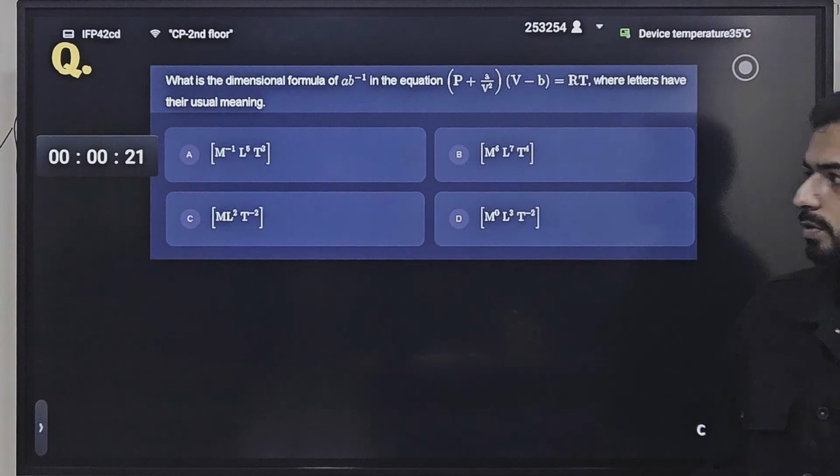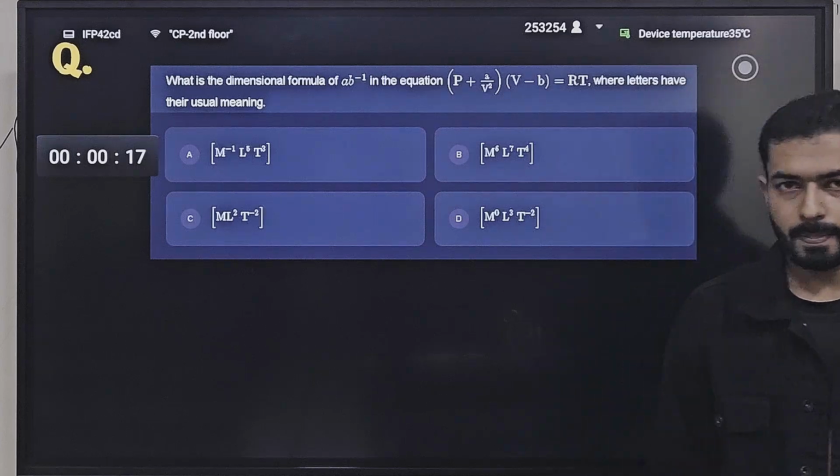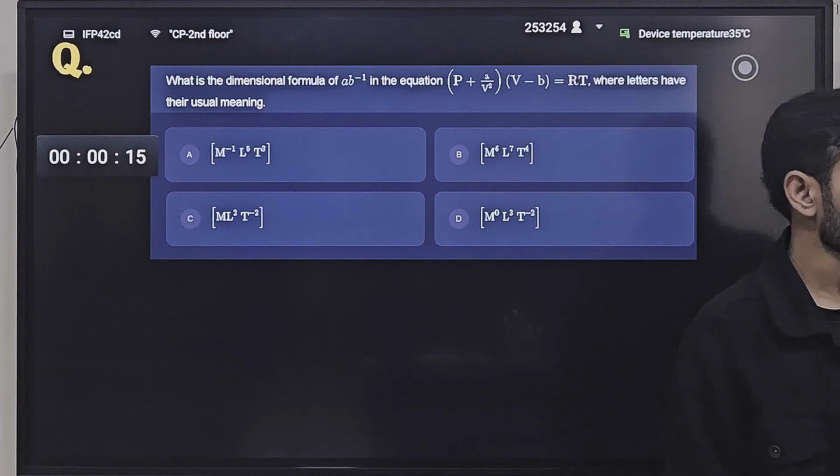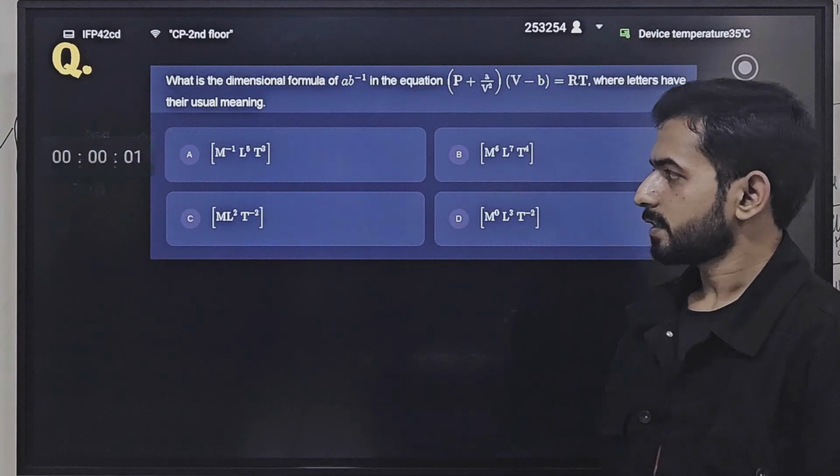I hope that all of you have solved it in the class itself. Answer is what?